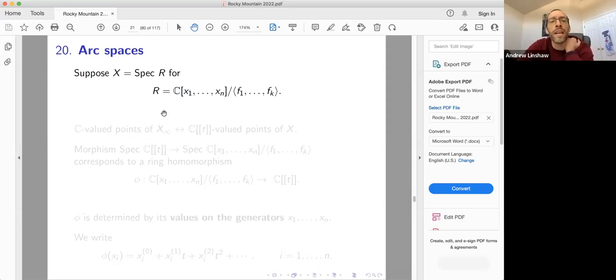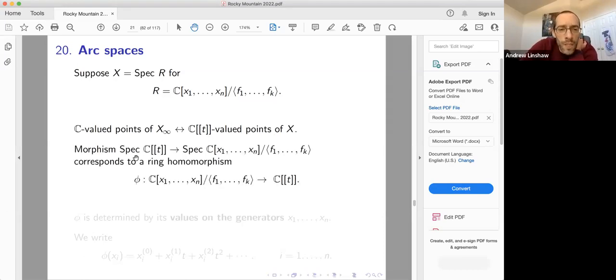So suppose that R is a polynomial ring in some variables x_1 through x_n, mod some ideal with some finite generating set. X would be Spec R. So C-valued points of X_infinity are supposed to be C[[t]]-valued points of X. A C[[t]]-valued point of X is a morphism from Spec C[[t]] to Spec of this ring, which is the same thing as a ring homomorphism from R into the power series ring C[[t]].